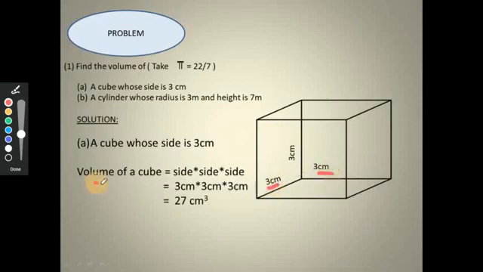So the volume of the cube is side into side into side, which is 3 into 3 into 3. 3 threes are 9, 9 threes are 27. So 27 meter into meter into meter is meter cube. So the volume of the given cube is 27 meter cube.